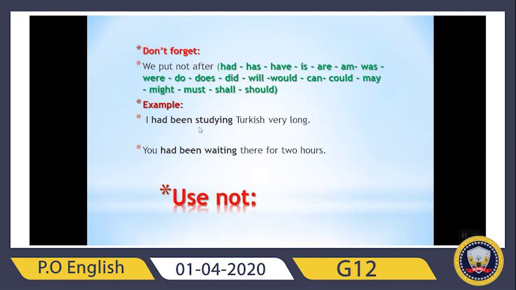Now here: I had been studying Turkish for very long. Which one here? Had. And I find "had," then put "not" here. I hadn't or I had not. The same. This is the short form for "had not." I hadn't or I had not been studying Turkish for very long. Please try to do the second one quickly.